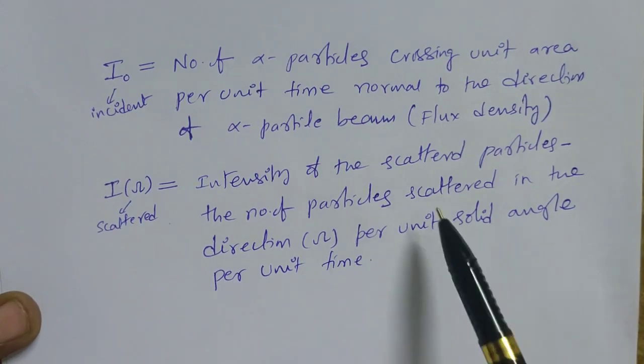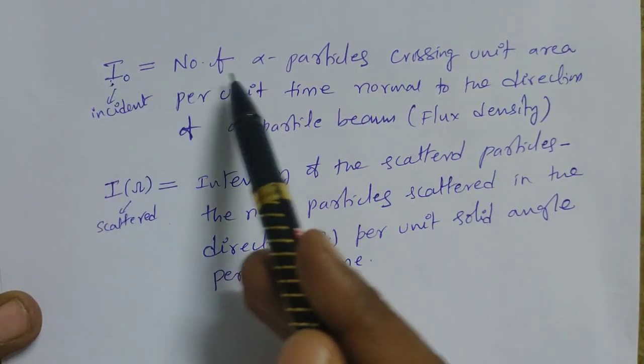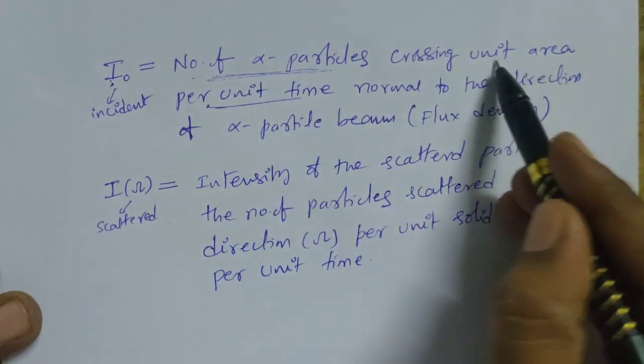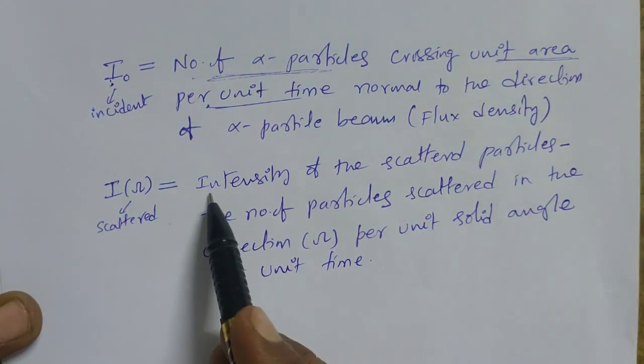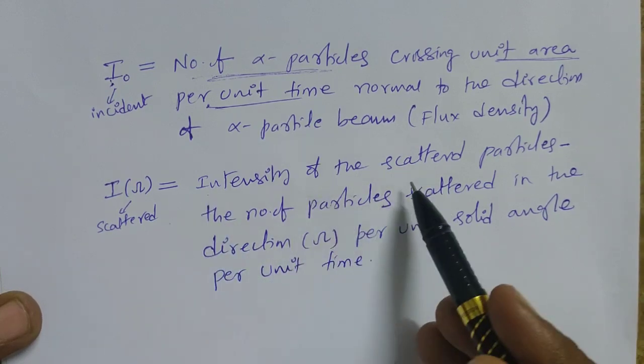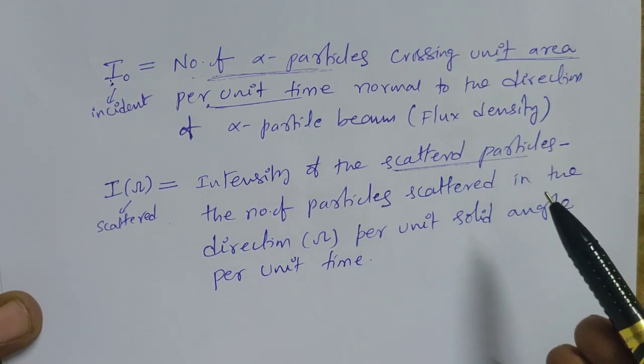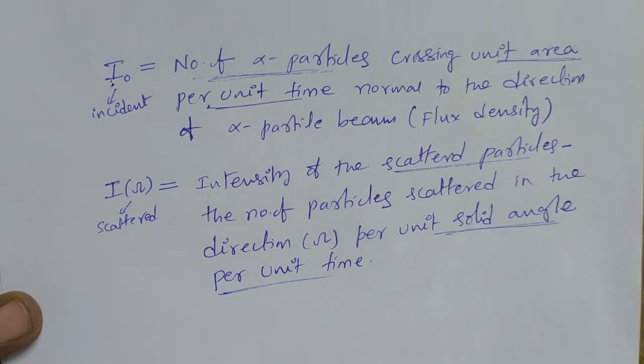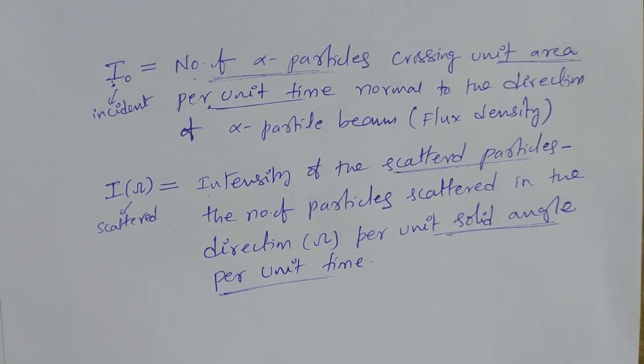Remember, I naught is the number of incident particles per unit time per unit area, but this is intensity of scattered particles per unit time per unit solid angle.